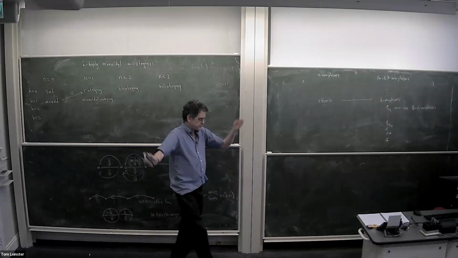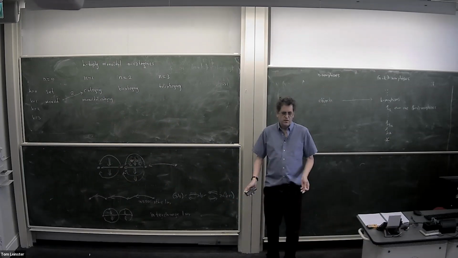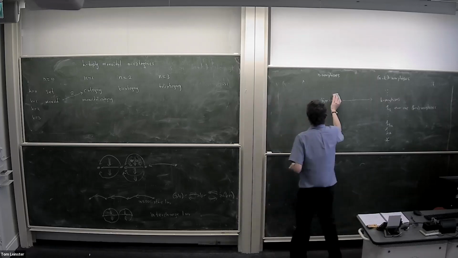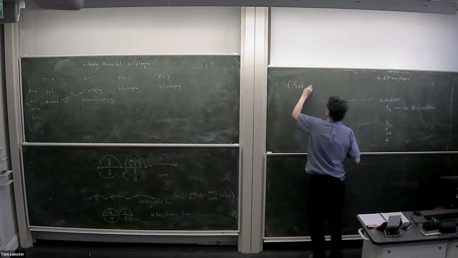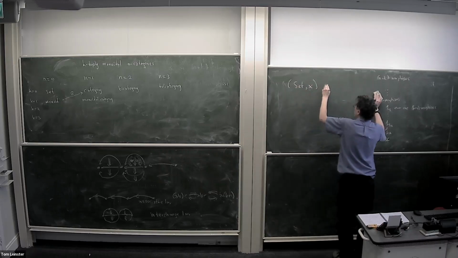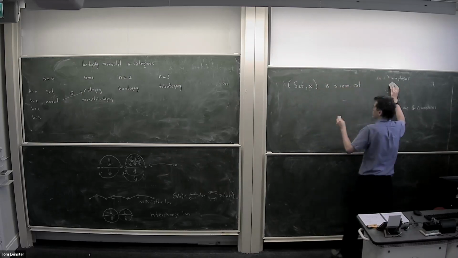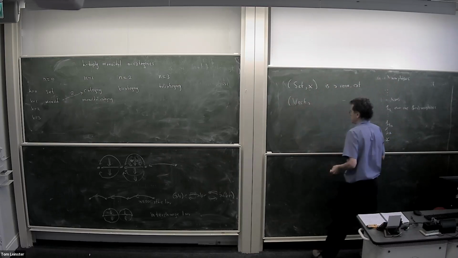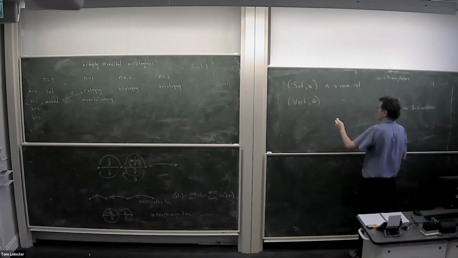There are millions of these. So for example, in the category of sets, I can multiply sets. Well, I take the Cartesian product of sets. So the fact that sets have a Cartesian product means that it's a monoidal category. Or, for example, vector spaces. There are various ways to multiply vector spaces. I could take the Cartesian product, but just for fun, I could take the tensor product of vector spaces.